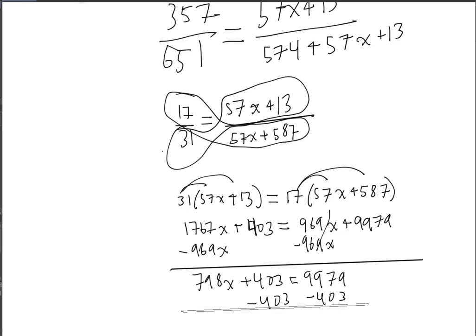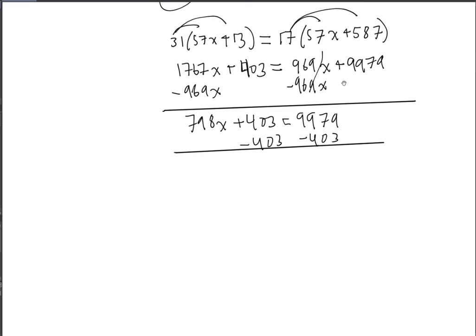All right. And you get 798x is equal to this ugly number. What is that ugly number? It is 9979 minus 403. Now, if I didn't make an arithmetic error in here, I should get 9576, right?